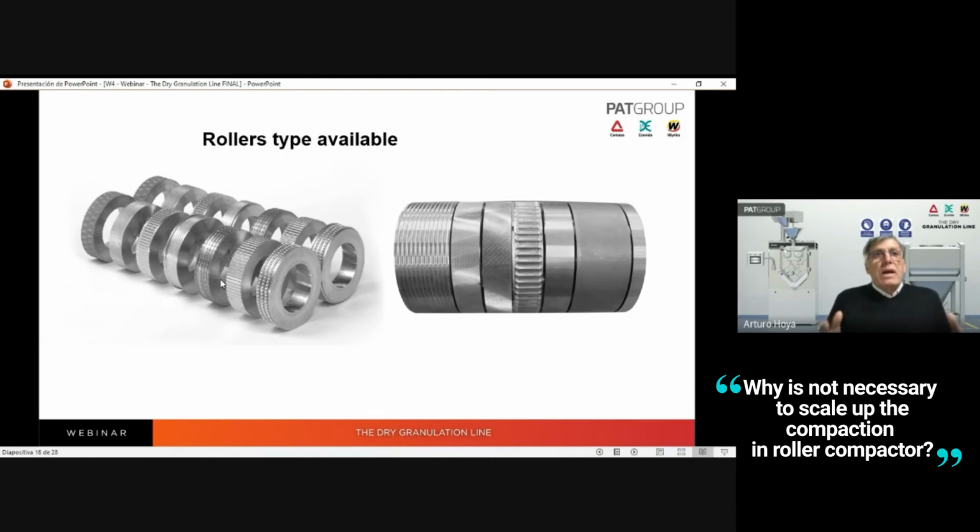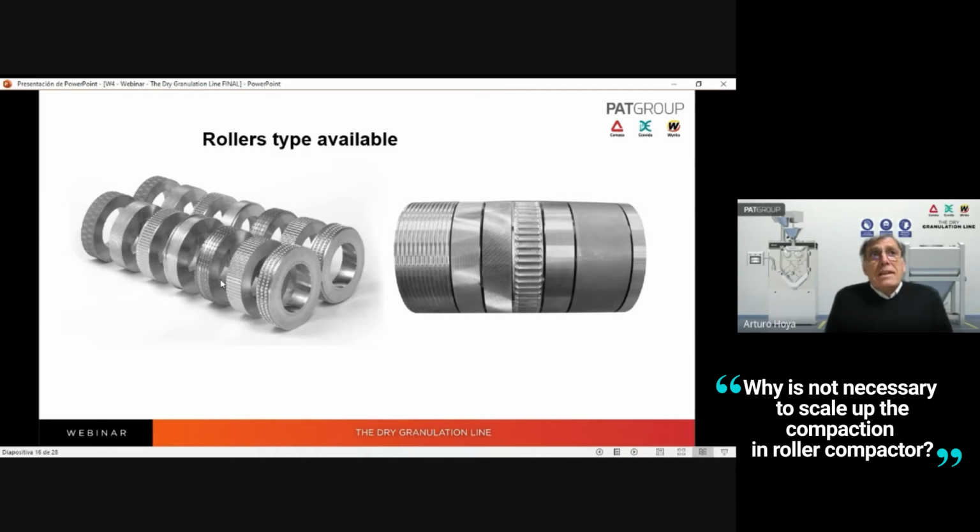So you have a big machine in the industrial plant, and you can produce the development in this same machine. So this is a continuous process. So you put 10 kilograms or 300 kilograms, the process will be the same.